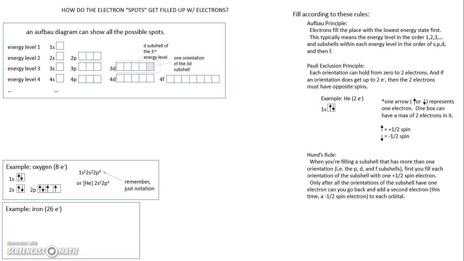Iron, which has 26 electrons in its neutral state. Let's write our boxes, and remember we can write more if needed. Fill our 1s subshell, and write our electron configuration. 2s, 2p, first do up, first do +1/2 spin electrons, 1 to each orientation, and then double up, and then 3s, 3p, and then we do 4s after 3p, because the 4s subshell just happens to have a little bit lower energy than the 3d subshell.